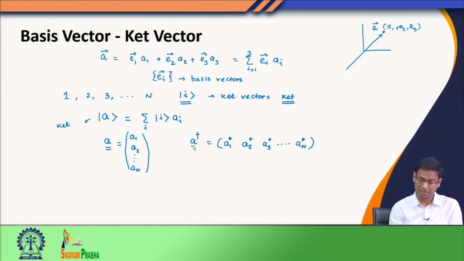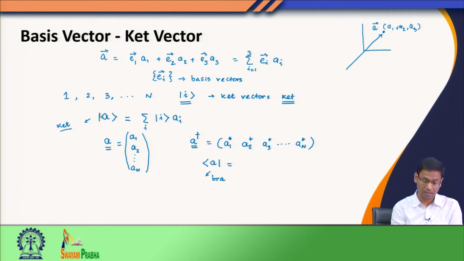So, now I have this column vector A, which is given as the ket, and correspondingly I have defined an adjoint of this column vector, which is now a row vector with A1 star till An star as the elements. Now, this adjoint of A, since I have called A the ket, I define this as a bra function, and I note it like this, where this is the bra function.